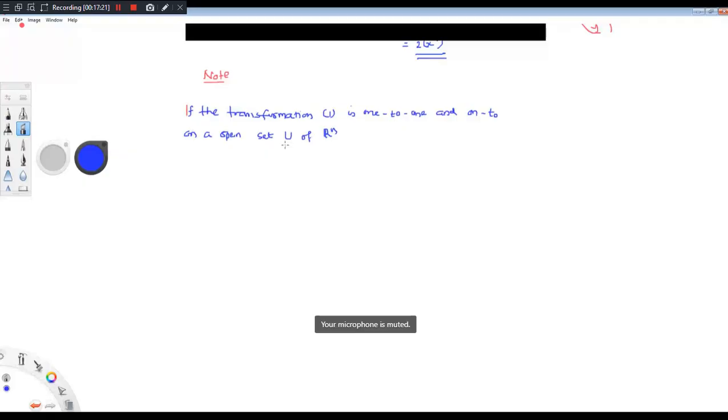Then determinant J is not equal to 0, and the converse.